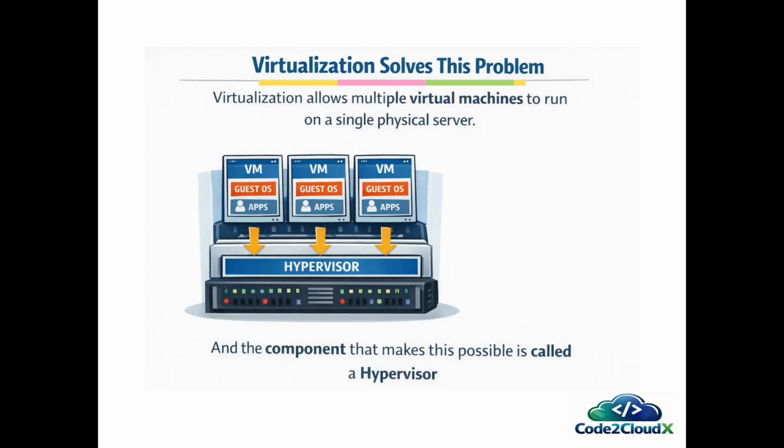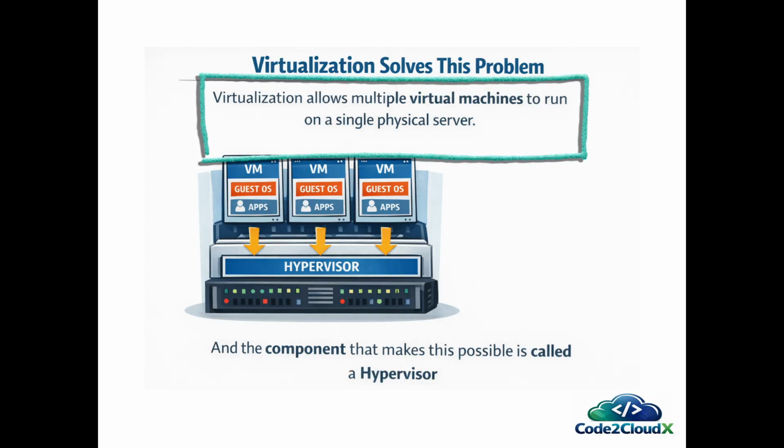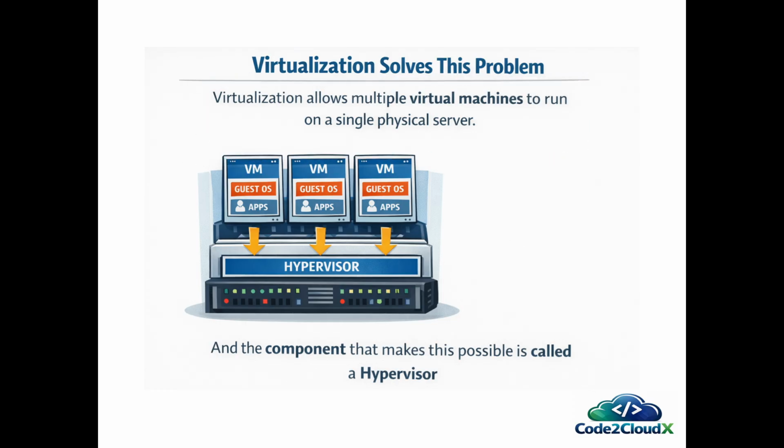Virtualization means running multiple virtual machines on a single physical server. Virtualization allows multiple virtual machines to run on a single physical server, and the component that makes this possible is called a hypervisor.